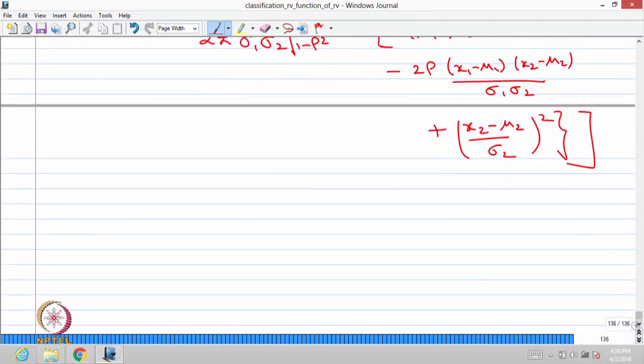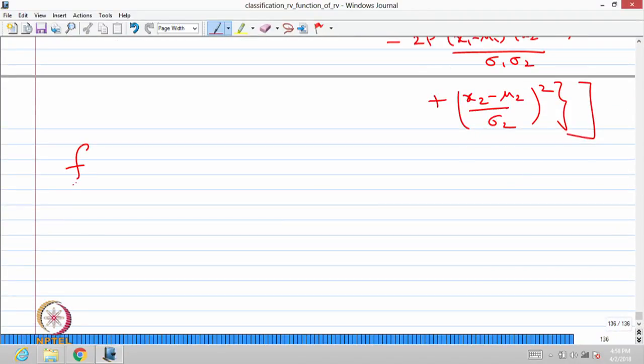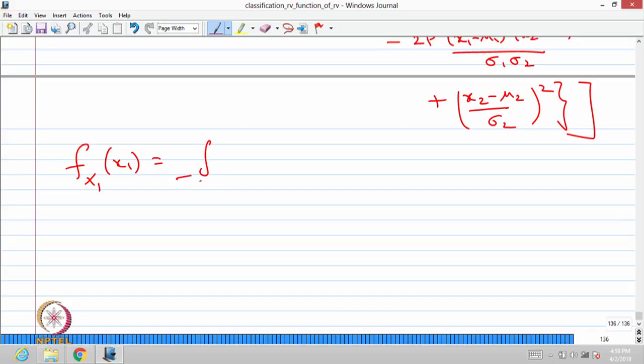Even if both the random variables are not independent, we can get the marginal distribution of the random variable x1. From the joint you can always get the marginal by integration with respect to the other variable, that is, minus infinity to infinity of the joint probability density function of x1, x2 with respect to x2.